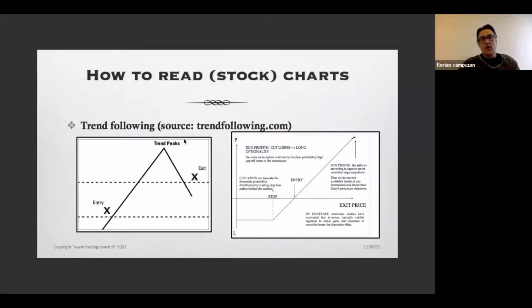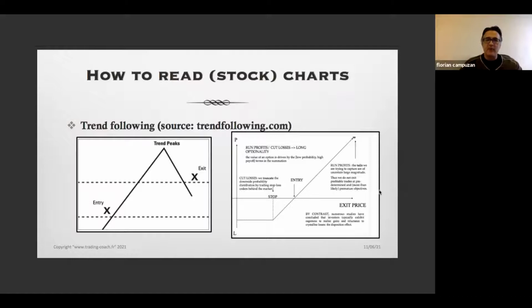You can buy the dips, you can buy the breakout, you follow the trend, and you exit when the price very often goes against you. We'll see later that you can exit into strength, but sometimes it's not the best idea, because you will miss potentially big moves.